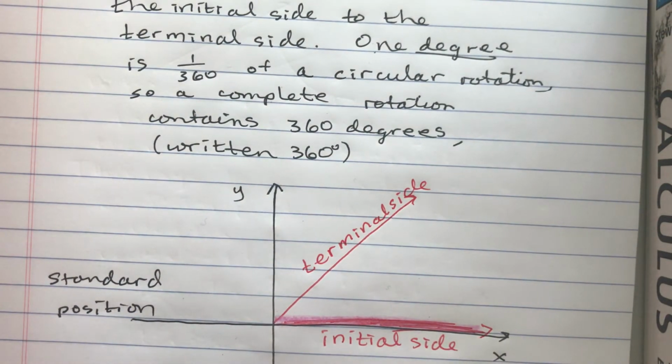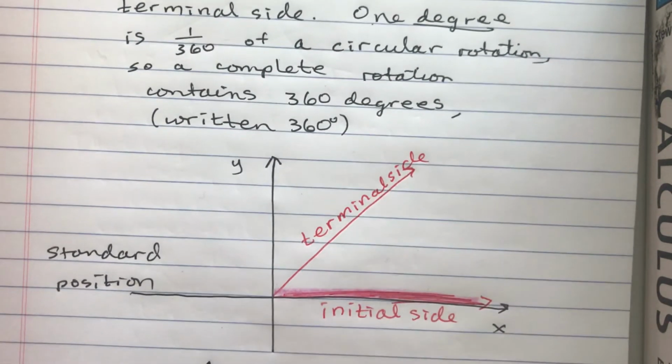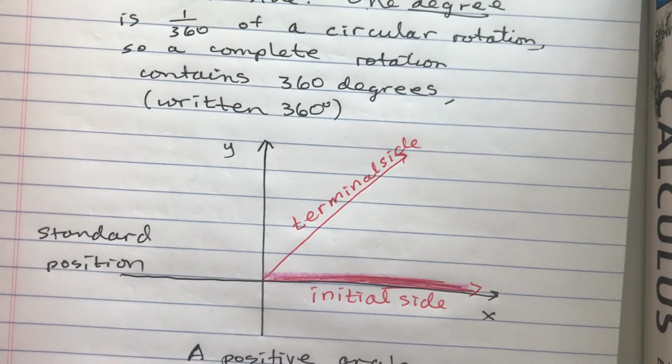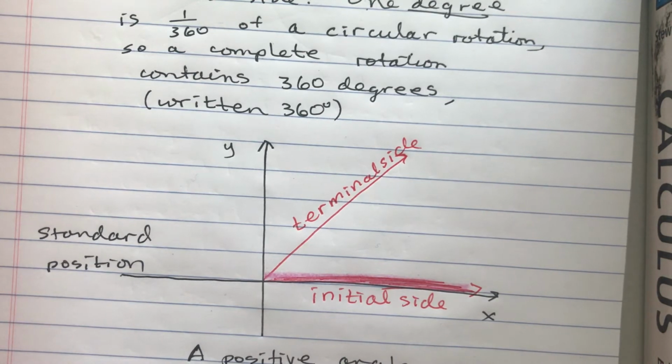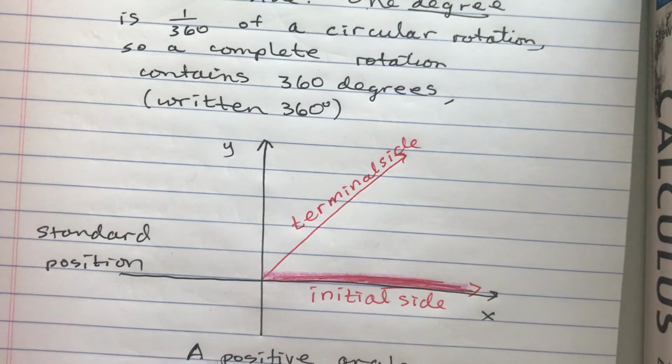And then, okay, a positive angle measures the angle in a counterclockwise rotation from the initial side to the terminal side.